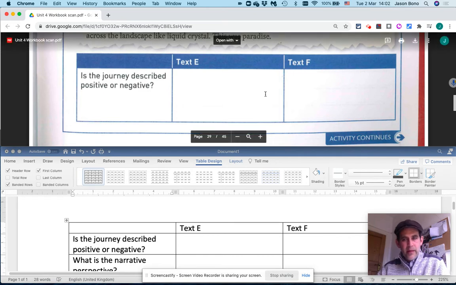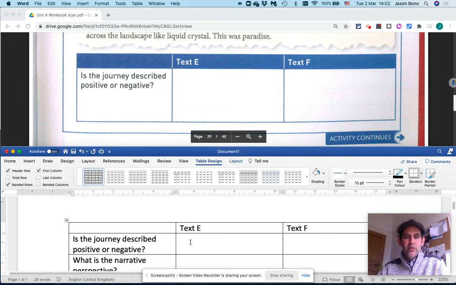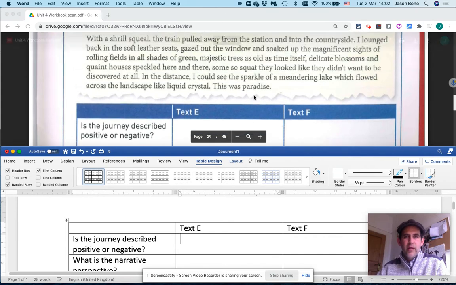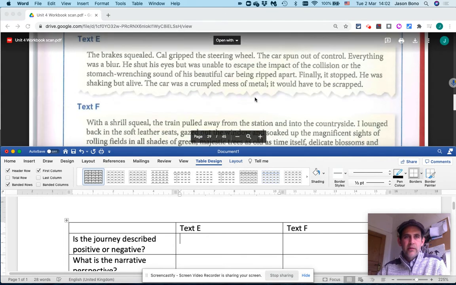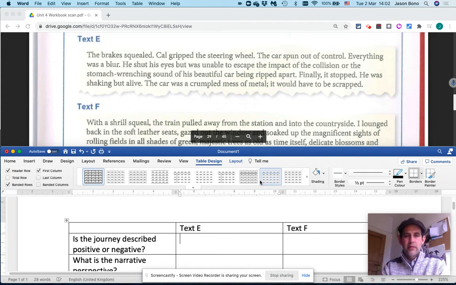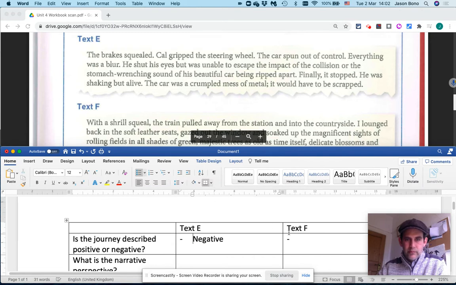And then, how do you support that? In the first paragraph, I think it's quite clear that the journey is negative. And in the second paragraph, it's quite positive.